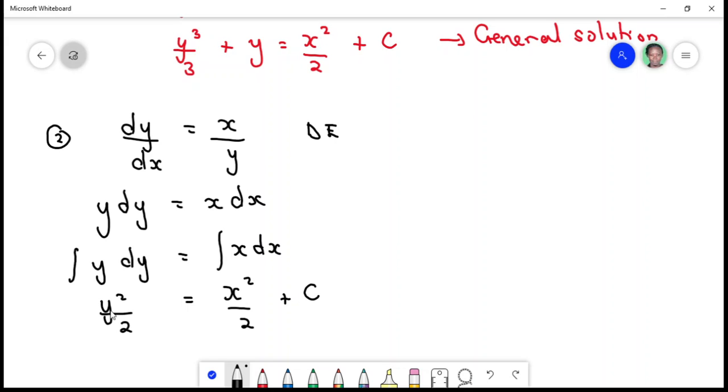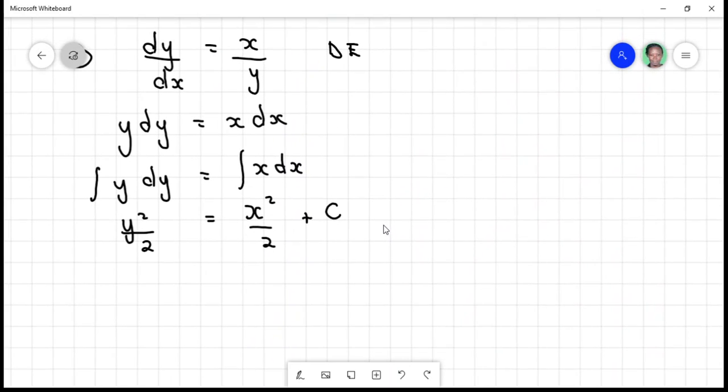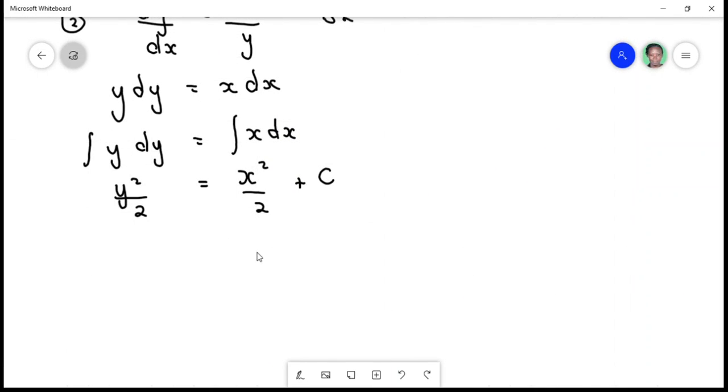So you realize that with this solution, I can find the antiderivative of each side. Let's multiply through by 2.